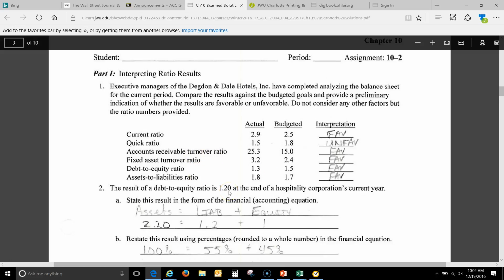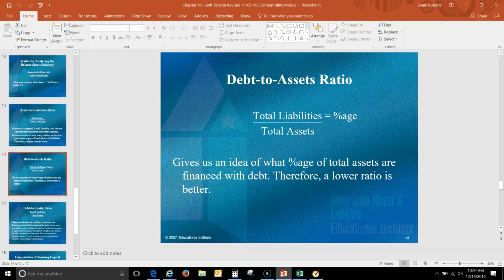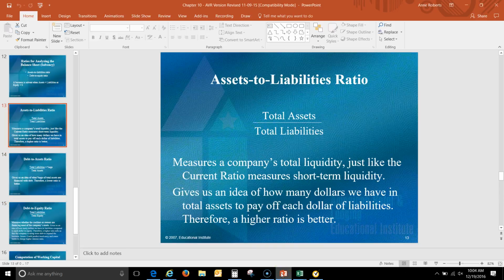The next one, we've got an asset to liability ratio. Here we're evaluating how many dollars in assets we have for every dollar in liability. So, total liquidity, higher ratio is better. I shouldn't use foul language, but when the crap hits the fan, this is our ratio.